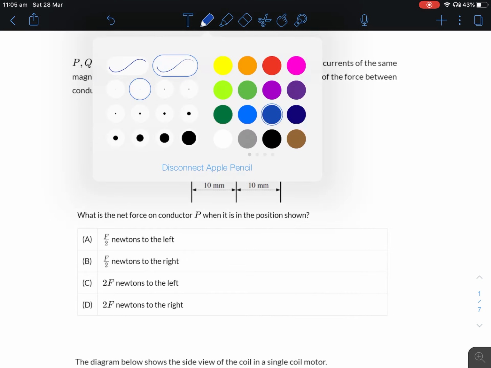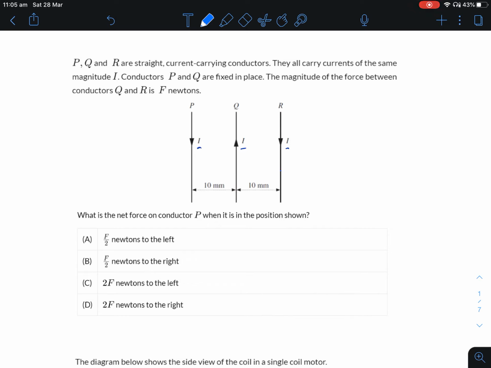Let me draw that in, like so. We know that this is going to be a repulsive force, because the currents are flowing in opposite directions, as we can see here, right? So if they're flowing in opposite directions, we have a repulsive force. And if they're flowing, as you guessed it, in the same direction, then there is an attractive force.